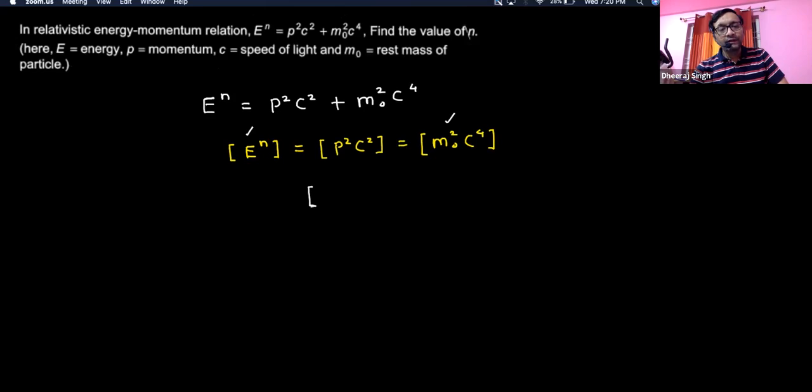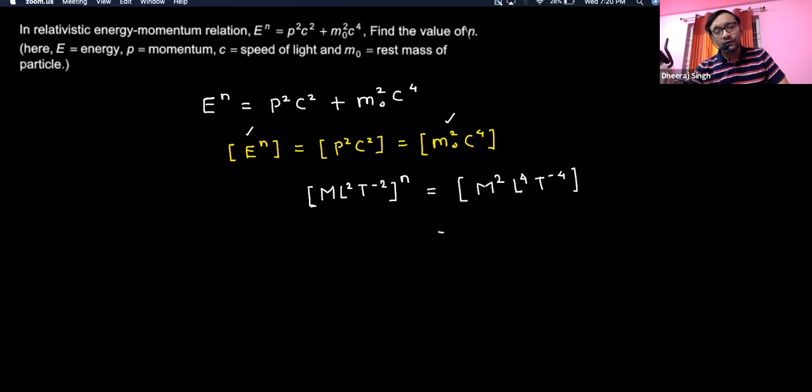Dimension of energy is what? M L2 T minus 2, to the power n, is equal to the dimension of m square, which is M2, c to the power 4 is L4 T to the power minus 4.